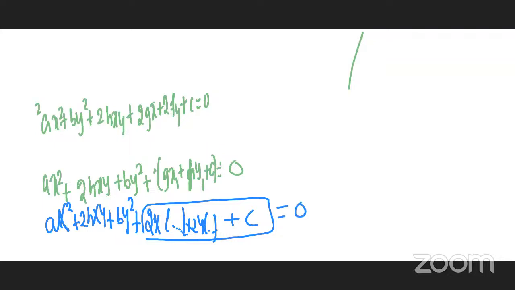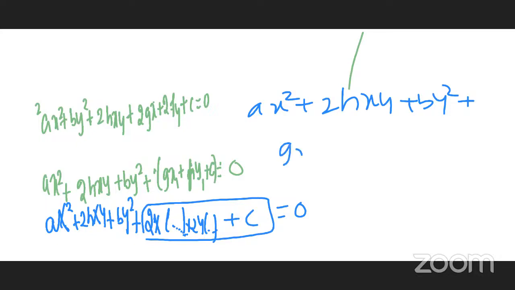So the translated equation becomes ax² + 2hxy + by² + gx1 + fy1 + c = 0.